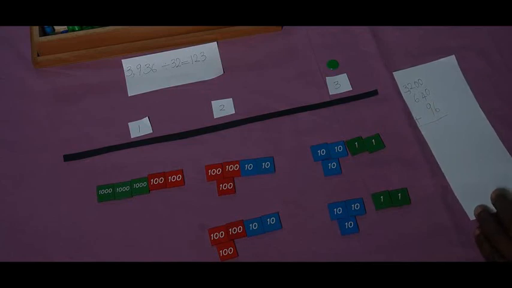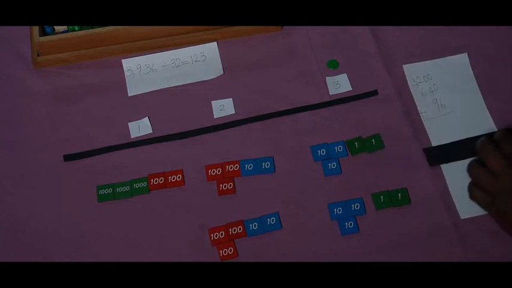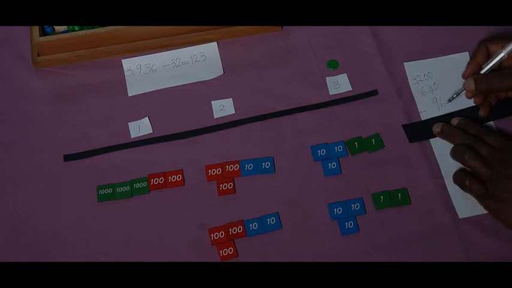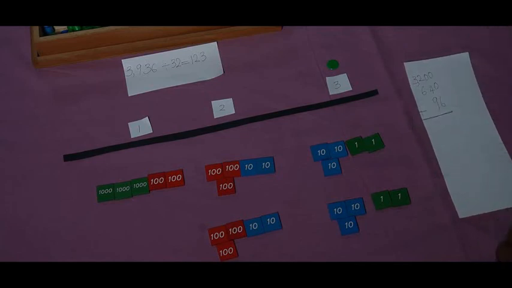You can use a straight edge to draw a straight, beautiful horizontal line. So 0 plus 0, 0. 0 plus 6, 6. 4 plus 0, 4. 4 plus 9, 13.